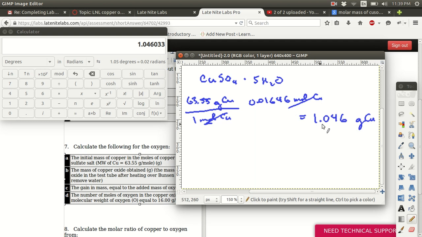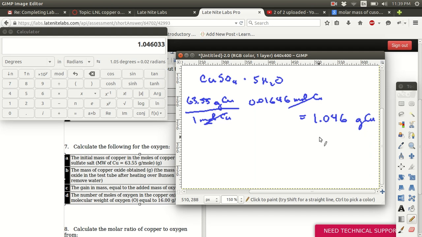Notice, folks, that I have 4 significant figures here because this is 4 significant figures and this is 4 significant figures. I need to have 4. It cannot be 1.05 grams of copper. It would be the wrong answer. Of course, all my numbers should be different from yours, but you get the idea.